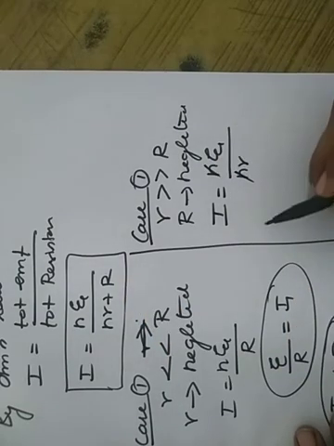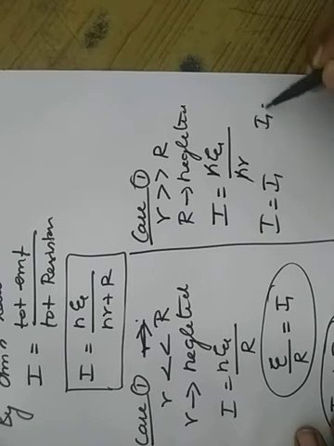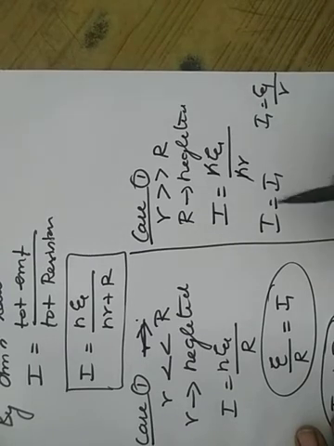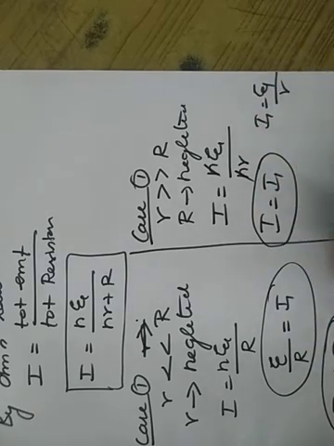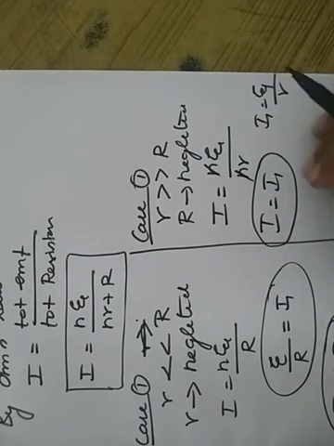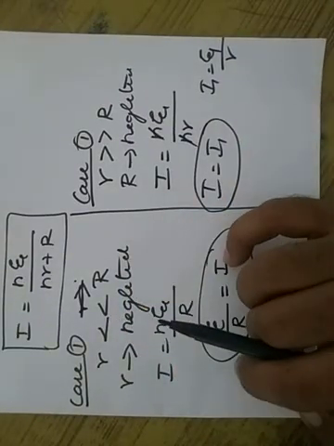Then n cancels, so I is equal to I1. We know I1 is equal to psi by r. Here the current due to the whole battery is equal to the current due to a single cell. Of these two cases, we always follow case 1 only. It is the most advantageous for us compared with this.